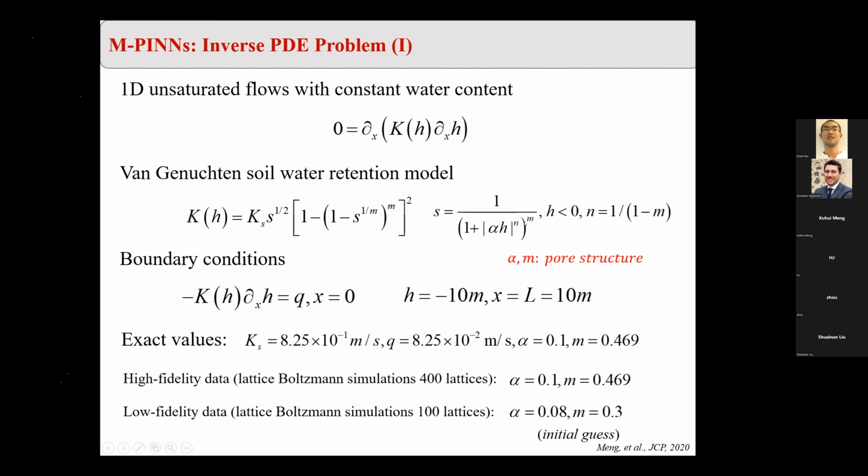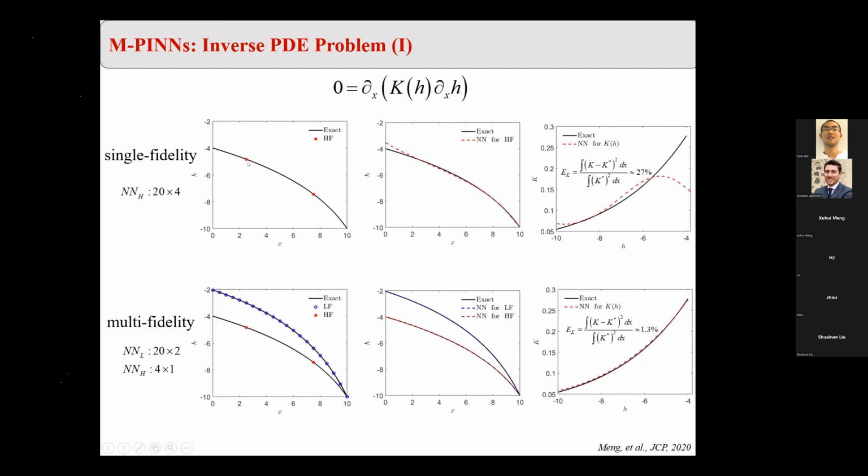And then we assume that we have two measurements for the pressure, as high fidelity data. So in this case, if we only use these two high fidelity measurements as the training data to solve this inverse problem, this is the prediction for the pressure H, and this is the prediction for the permeability.